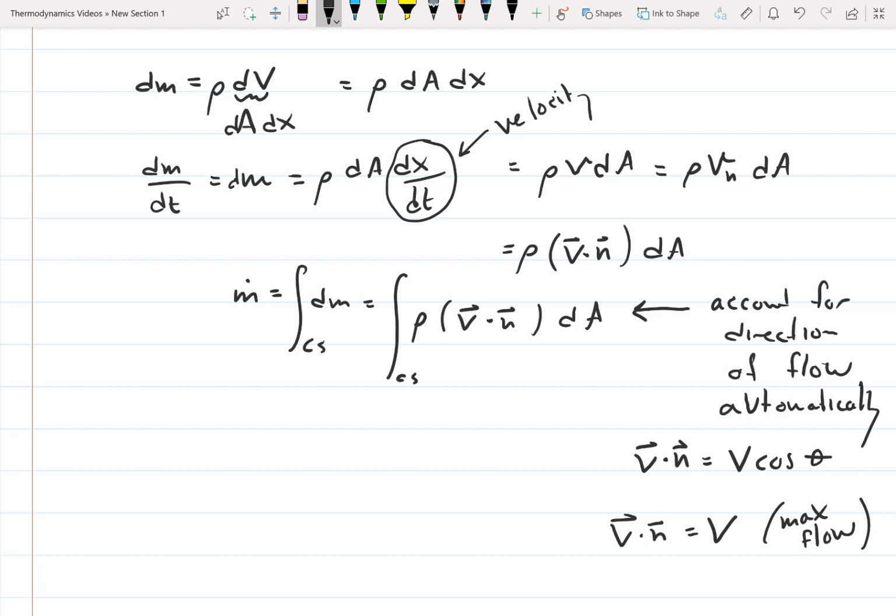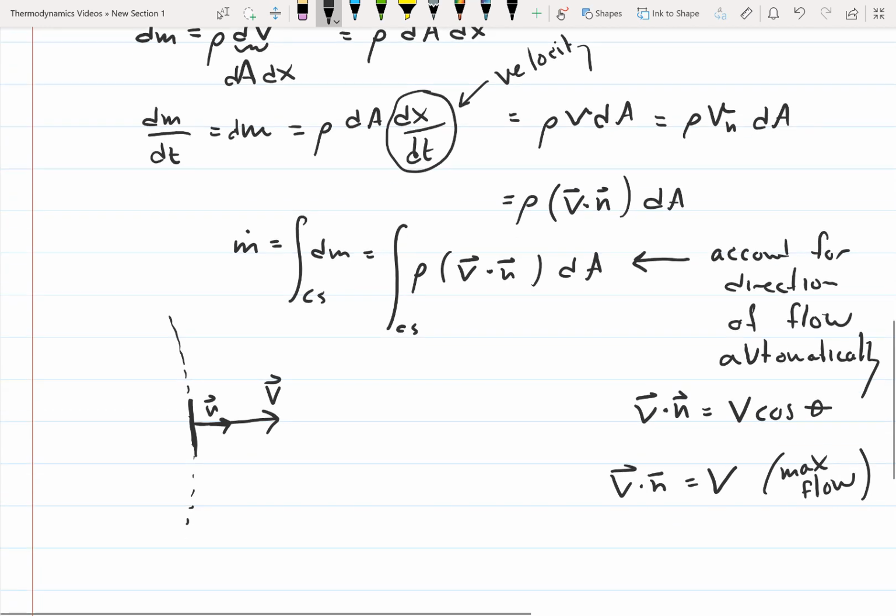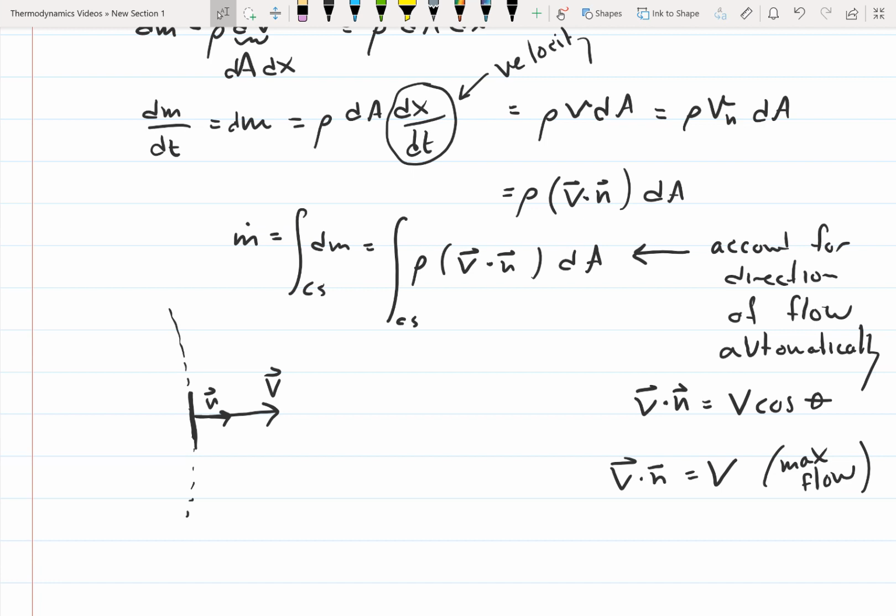This makes sense because if we look at our control surface again, let's say this is our dA, if theta is equal to 0, that means the velocity is normal to the control surface. So then we have V here and then N. This is going to give us the maximum amount of flow, because the flow is basically flowing normal to the surface.